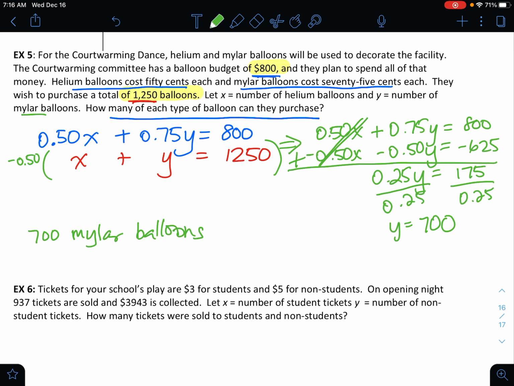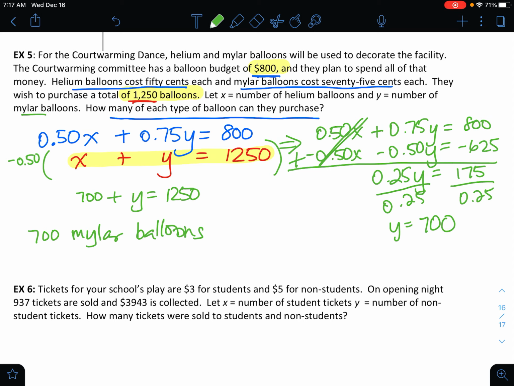Now, if you come back up to this equation right here, I'm going to purchase a total of 1,250, and I already have 700 of them are mylar, we can certainly plug in if we want. We can plug in 700 plus Y equals 1,250. Or if you just think about it, you're going to do 1,250 minus the 700 mylar to get your helium amount.